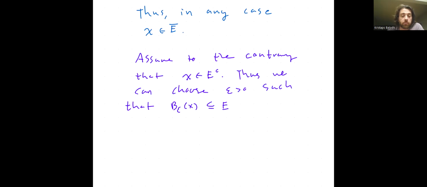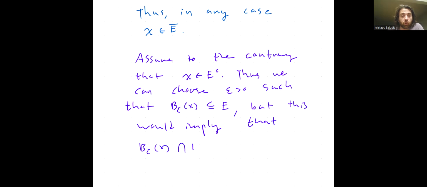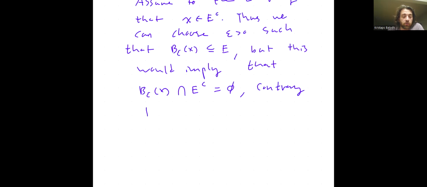But that's a problem. This would imply that the intersection of this epsilon ball with the complement of E, because it's totally contained in E, would have to be empty, but that contradicts one of our assumptions, contrary to our assumption that x was in the boundary of E, right?